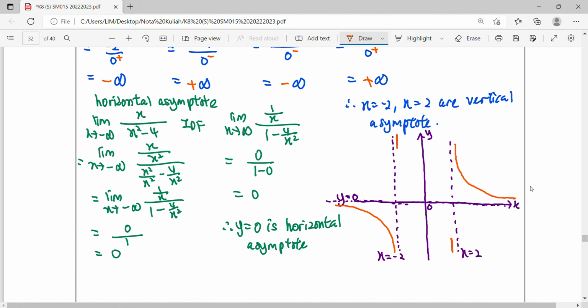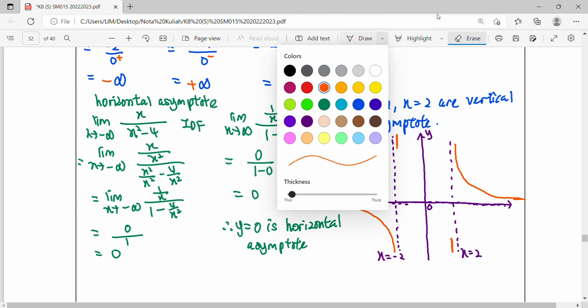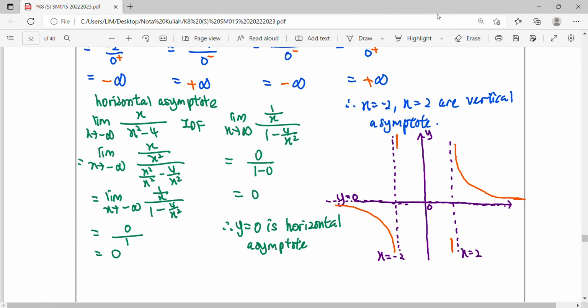Go near to your asymptote. Okay. So in the middle region, one side here, one tail here, one tail here. So it will be a curve, a curve that passes through the y-axis and x-axis.